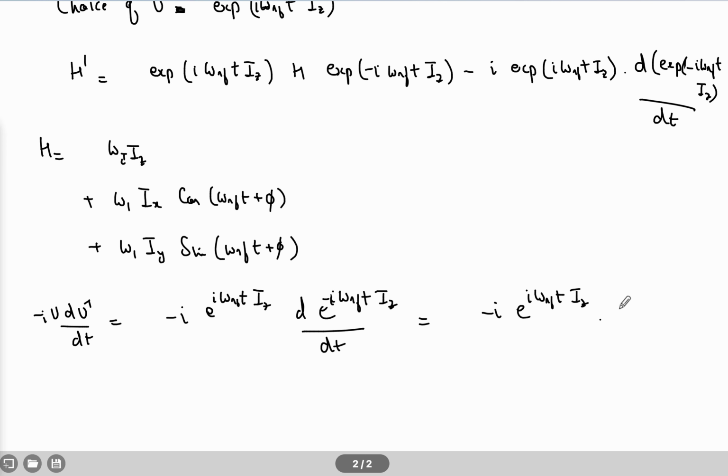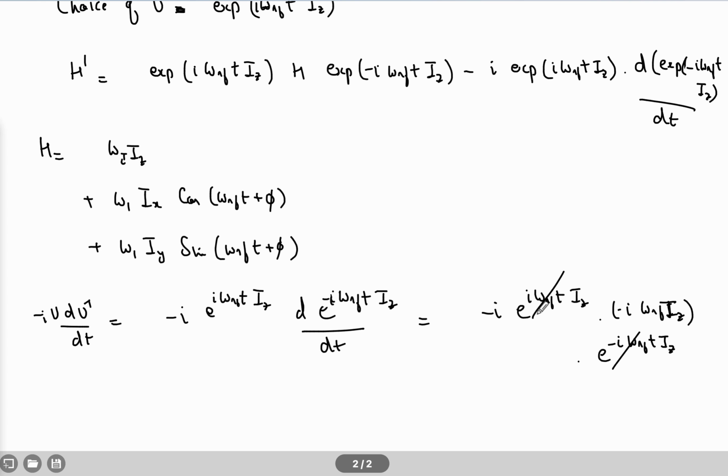So I have minus i omega RF Iz times e^(minus i omega RF t) Iz.